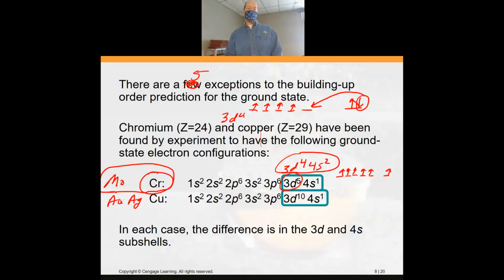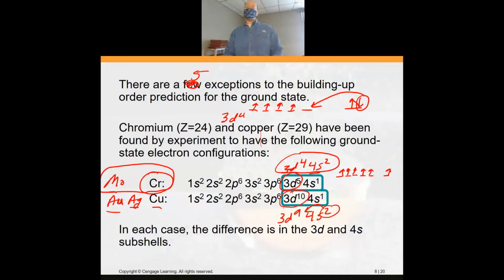And they are molybdenum and chromium, which have a half full D and S subshell, and gold, silver, and copper, which are all in the same group, where if you did the buildup rule, it would be 3d9 and then a 4s2. And so what happens is one of the electrons from the 4s goes to the 3d and fills the 3d. And so there is stability in a full 3d subshell.